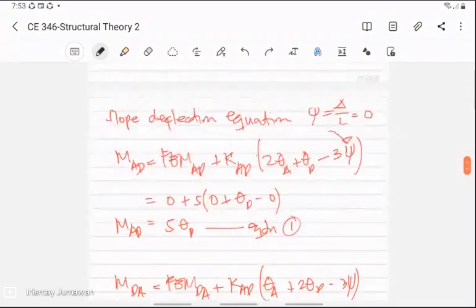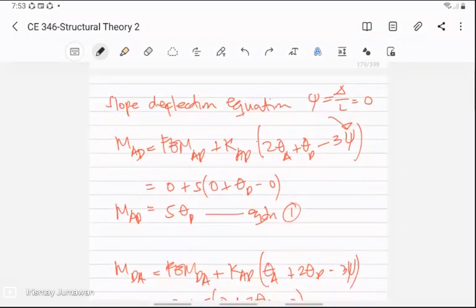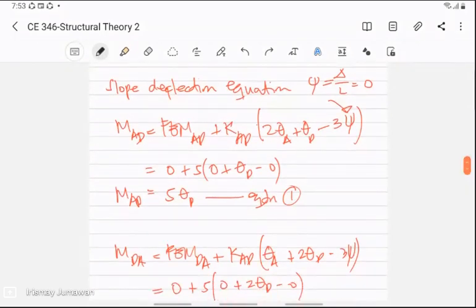Okay, substitute in the slope deflection method, the formula there. We have the near end rotation and the far end rotation like that. So you have to substitute.